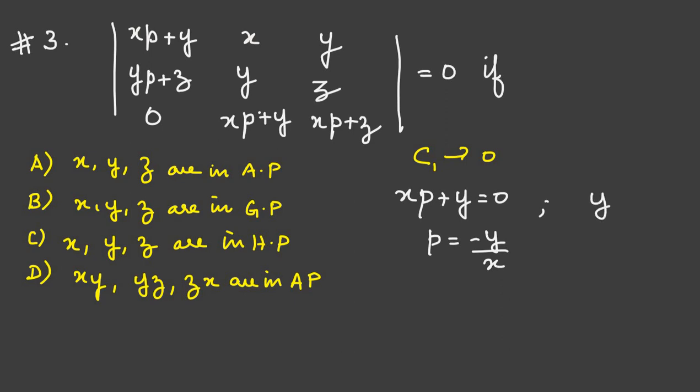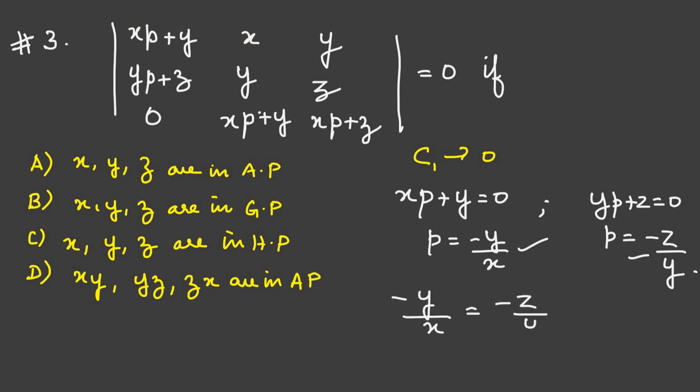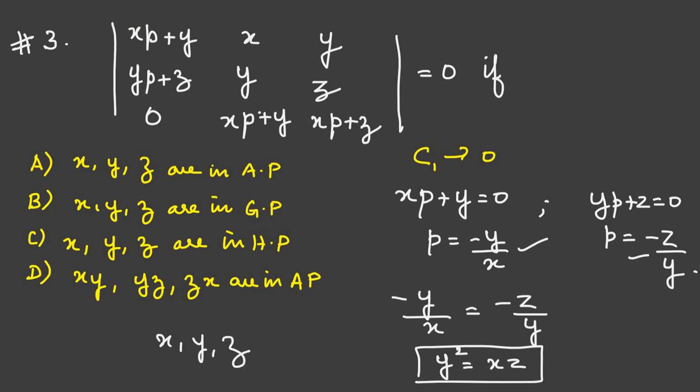Similarly, yp plus z is equal to 0 implies p is equal to minus z by y. Now, p and p here are equal. Minus y by x is equal to minus z by y, which implies y square is equal to xz. Y square is equal to xz if x, y and z are in GP. Therefore the option is x, y, z are in GP.